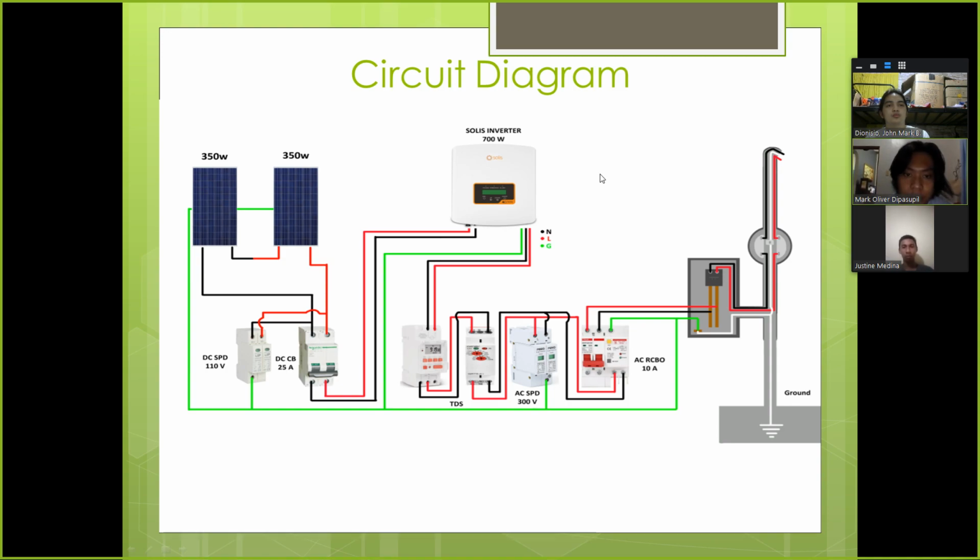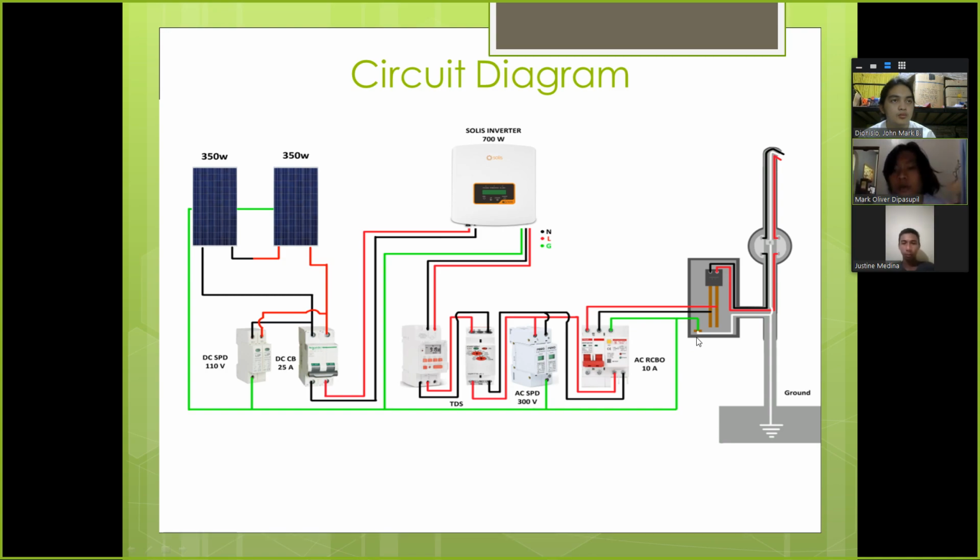Ito yung programmable, ito yung ordinary na time delay switch lang. Okay? So, nakakonekta siya in series. And then, ito yung time delay switch is kukonekta ngayon in series dito sa ating AC SPD. And ito naman AC RCBO natin is nakakonekta in parallel dito sa ating AC SPD.